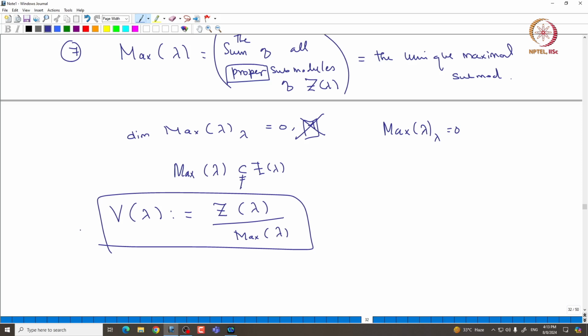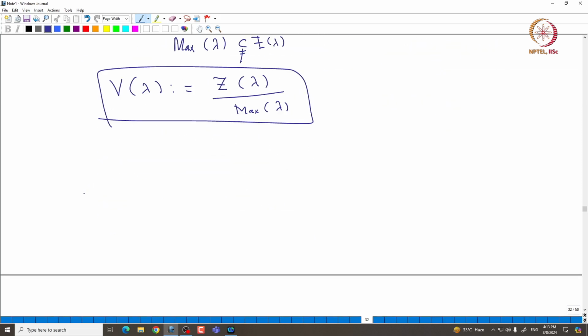Now let us look at this Z of lambda. It is actually easy to see that there is no other highest weight vector. If you have another highest weight vector inside Z of lambda, let us call it W, then it can have highest weight some mu.